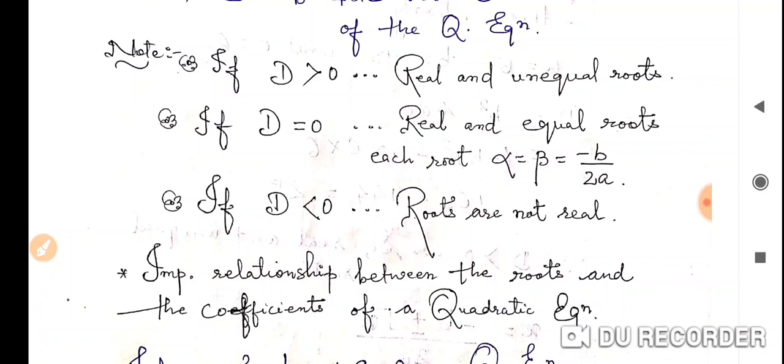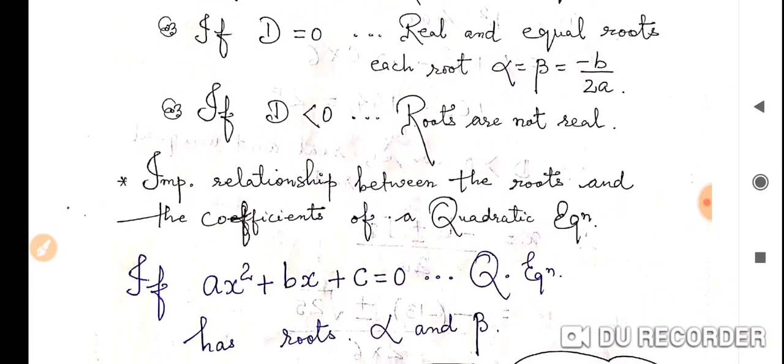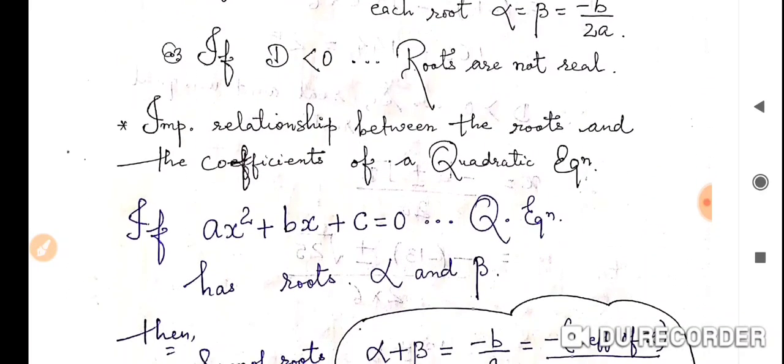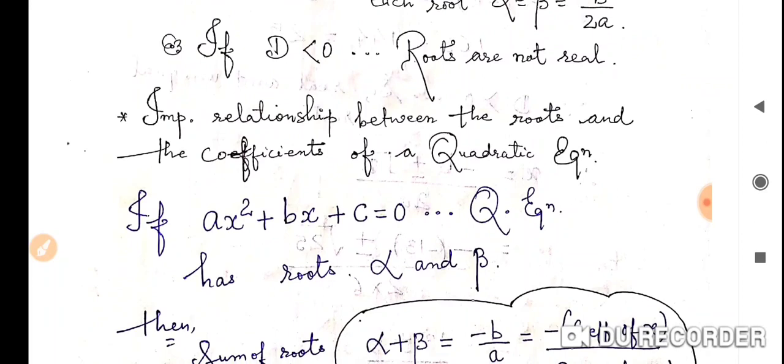That means alpha equals beta equals minus b by 2a. The next condition is if d is less than 0. If the discriminant is less than 0, roots are imaginary, that means they are not real, and in general they need not be calculated.